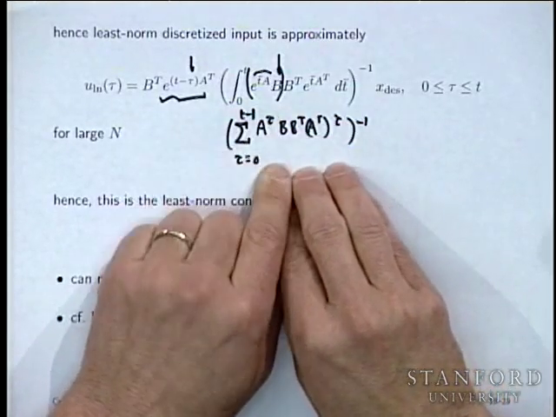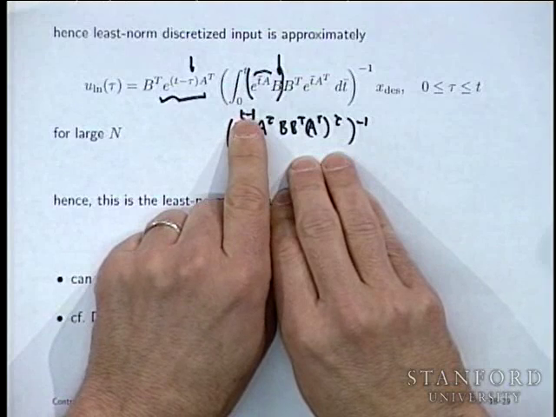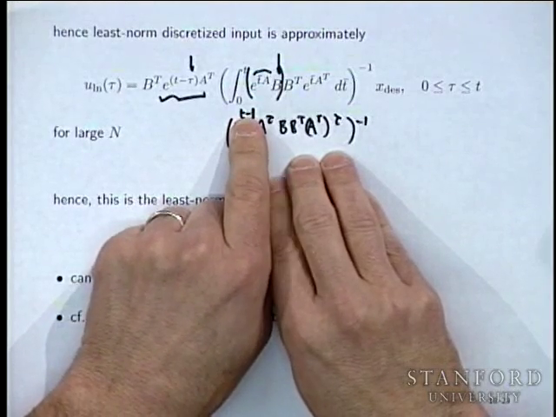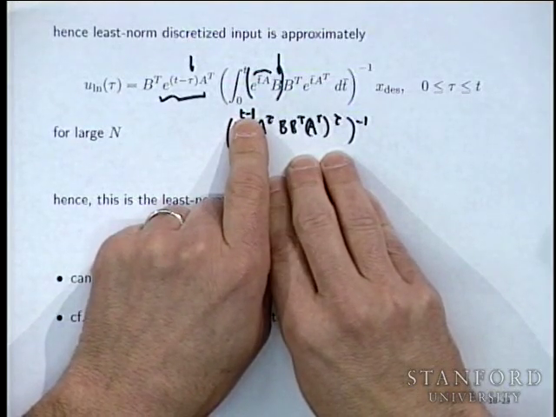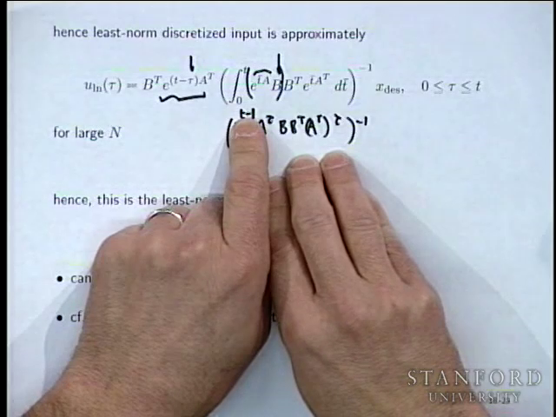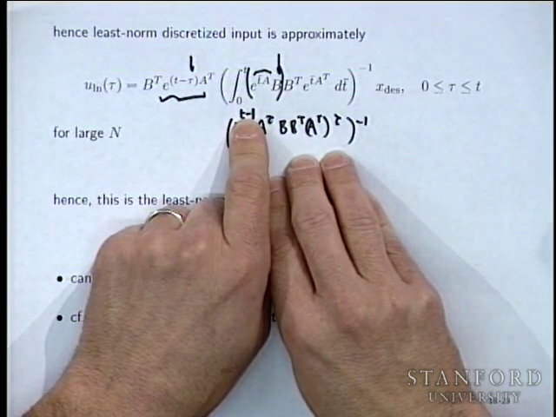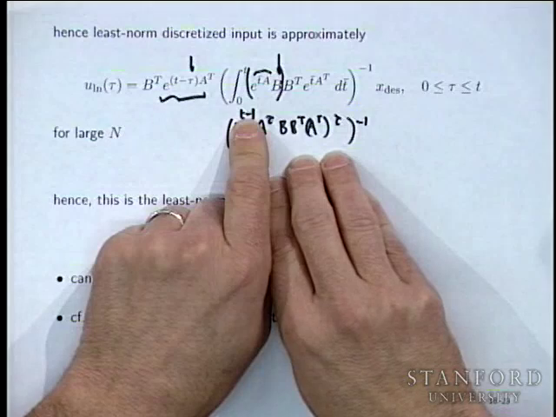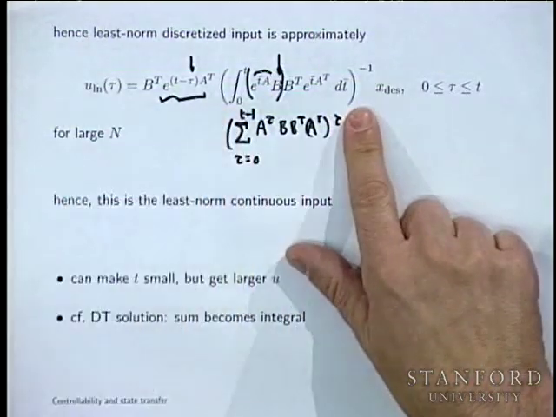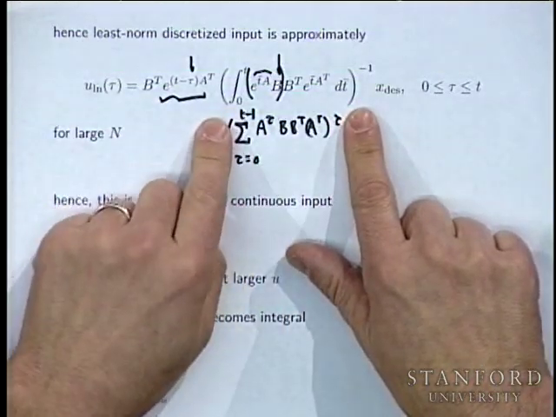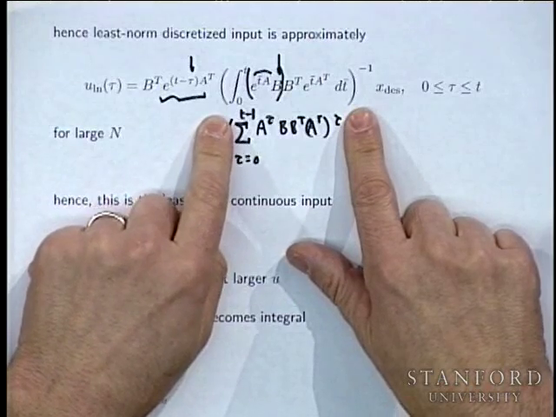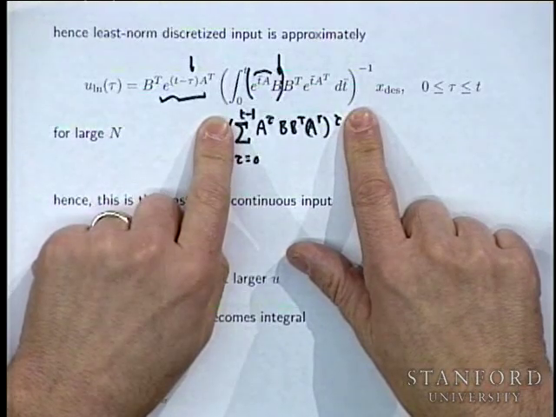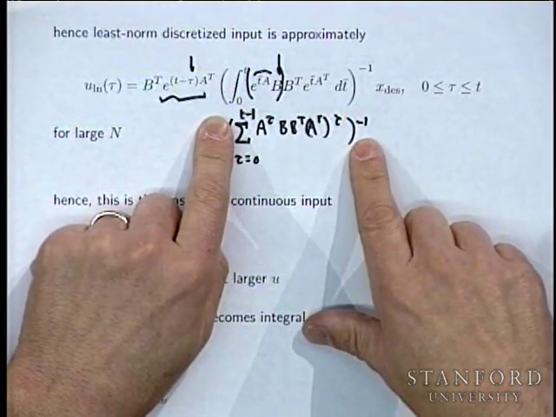But here, what happens is I'll decrease t. When t equals n, I'm still safe by Cayley-Hamilton. But the minute I drop t below n, at some point this matrix can become singular, in which case the inverse doesn't work.